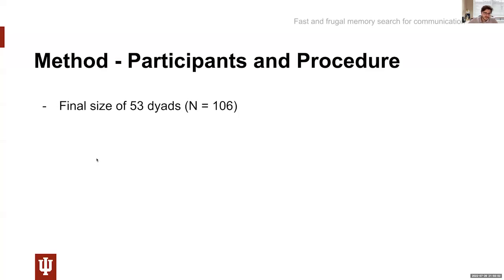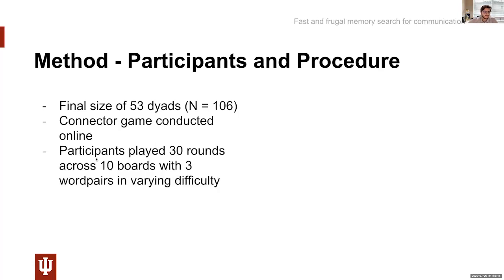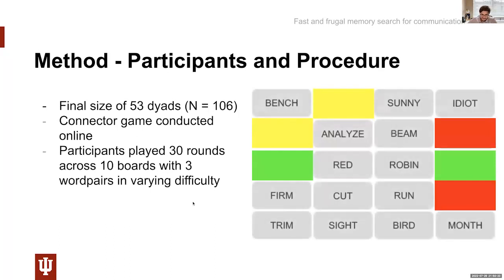We used 53 pairs of people, so in total 106 people. And the game was conducted online, so no in person, all done over a computer interface that Jasper created. The participants played 30 rounds across 10 boards with 3 word pairs in varying difficulty. I'll give an example here. Take the previous board that we used.